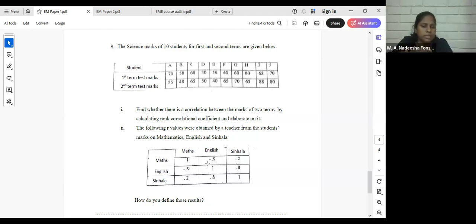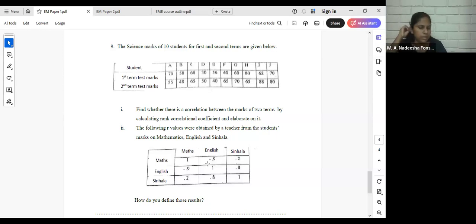Negative correlation means if the English marks are increasing, maths marks are not increasing. That is opposite to each other. Negative high correlation there. It means there is a negative correlation between English and maths marks.